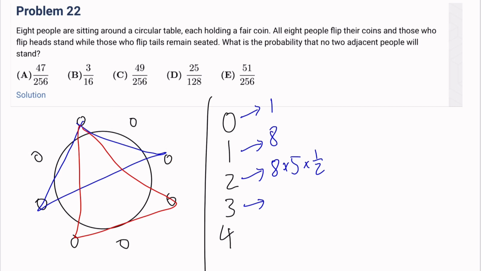And there are no other configurations that can have 3 people stand while meeting these conditions, right?